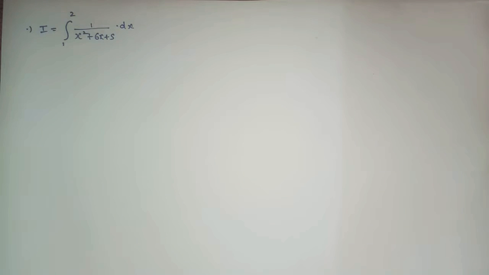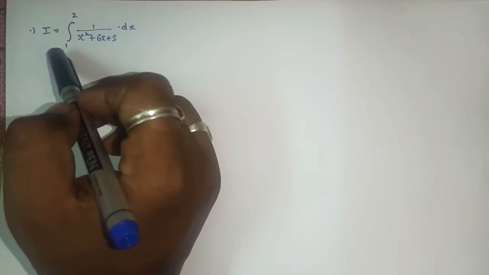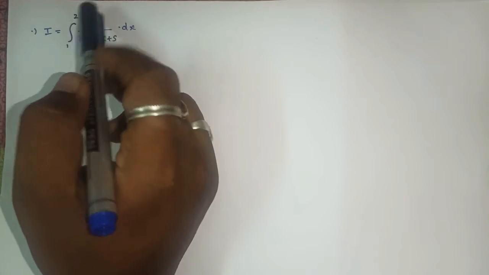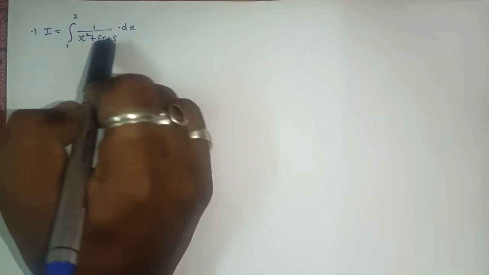So here we have one example: integration from 1 to 2, where 1 is the lower limit and 2 is the upper limit, of 1 upon x square plus 6x plus 5.